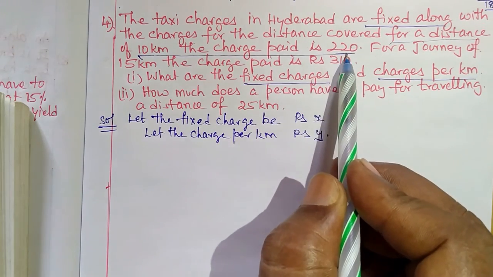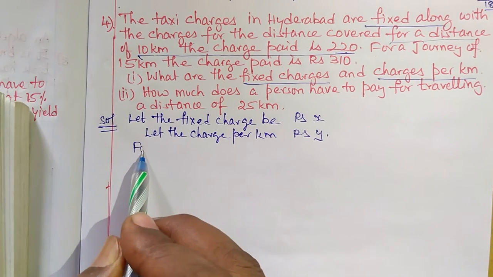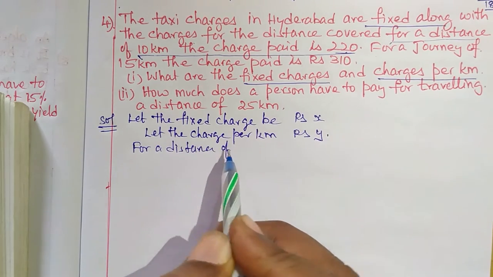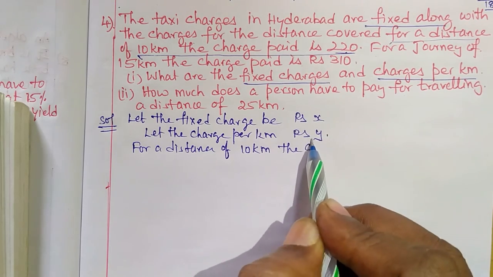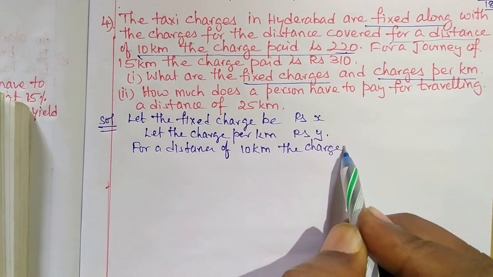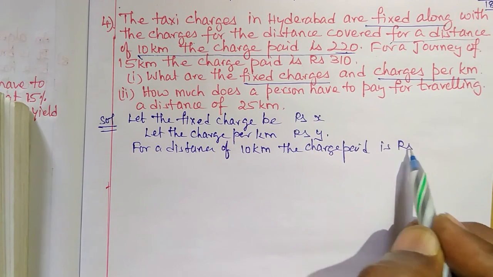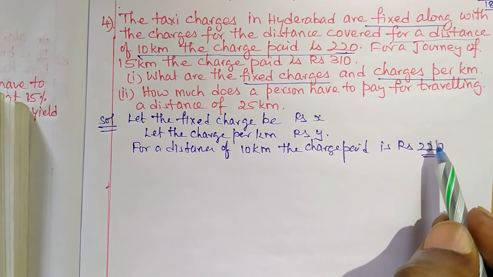Now, for a distance of 10 kilometers, the charge paid is 220 rupees as per the question. How do we frame an equation here?